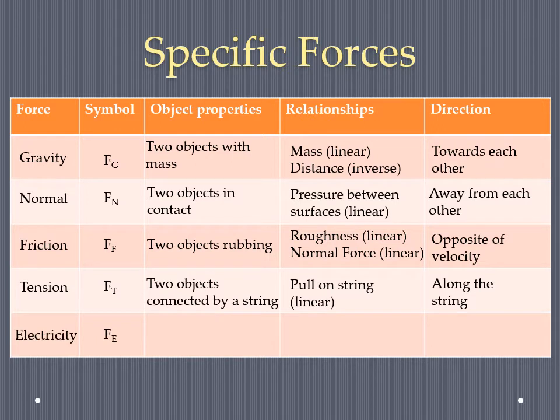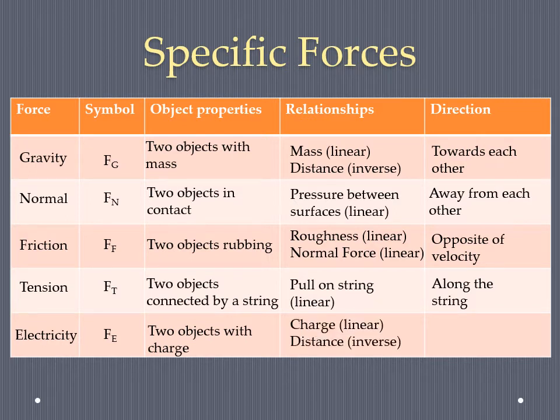And the last force is not one we're going to be talking about much during this unit, but we will when we get to our next unit, which is the force of electricity, or F sub E. And F sub E is a force that acts between any two objects that have a property called charge, which you may have experienced when you scuff your socks along the carpet or pull something out of the dryer or go down a slide, right? So it's actually a very strong force, but it comes into play in very specific times.